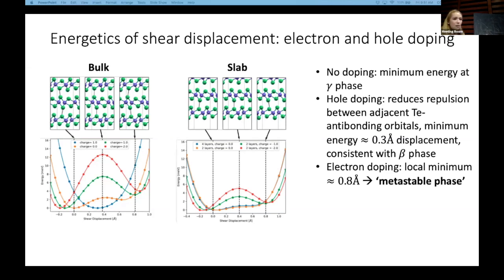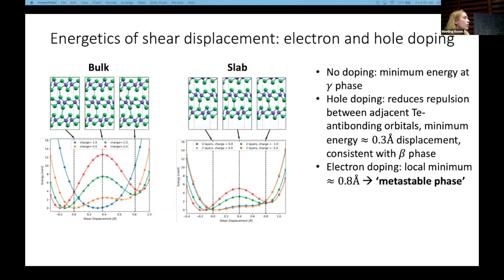the qualitative observations are exactly the same, but quantitatively, the difference between the energy of the metastable and the global minimum with electron doping becomes much reduced. So it should be noted that it's difficult to distinguish these energy differences of 1 or 2 millielectron volts in this material because of the difficulty in modeling the van der Waals interactions.